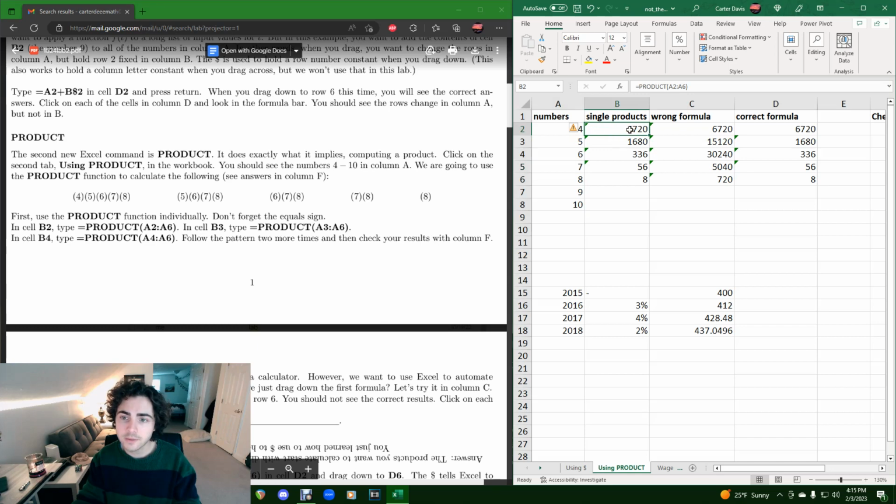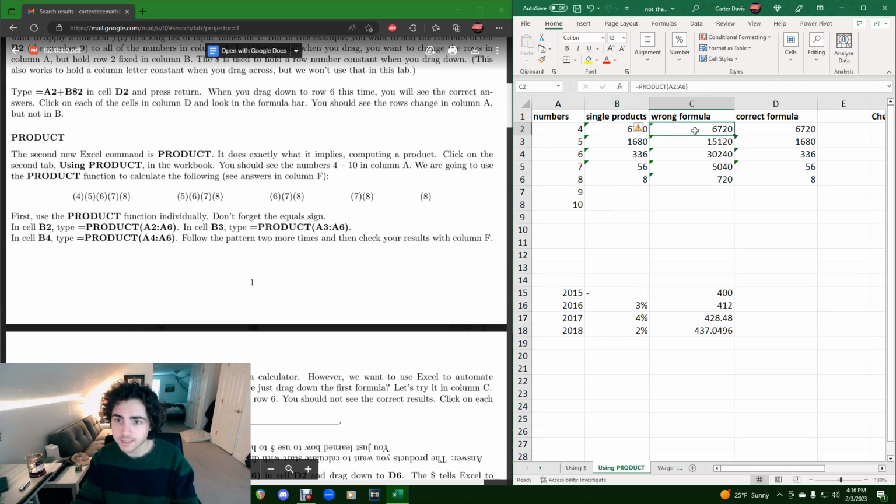Here in column B, they have you type in those products individually. So the product of A2 through A6 is 4 through 8. Then separately, you don't drag down any formulas here. You just type in the product of A3 through A6, A4 through A6, A5 through A6, A6 through A6. Those are the single products, the values that we want.